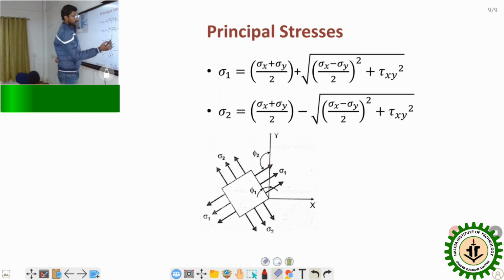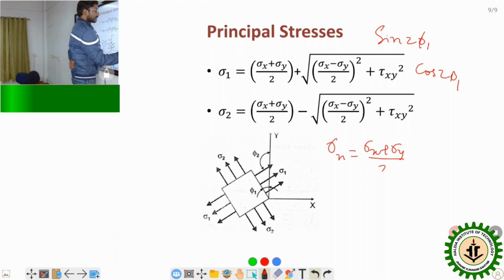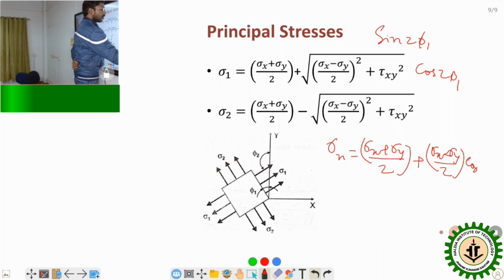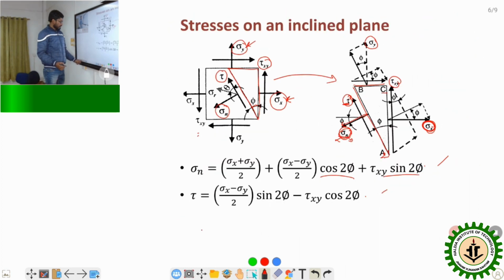So after putting those values in the expression of sigma, if we put the values of the two angles, sine 2 phi 1 and cos 2 phi 1, in the expression of sigma n equal to sigma x plus sigma y by 2 plus sigma x minus sigma y by 2 cos 2 phi plus tau xy sine 2 phi, which we have obtained from the expression of normal stress on any inclined plane, sigma x plus sigma y by 2 plus sigma x minus sigma y by 2 cos 2 phi plus tau xy sine 2 phi.